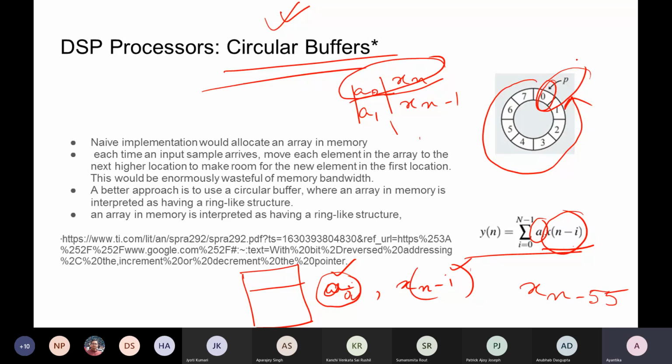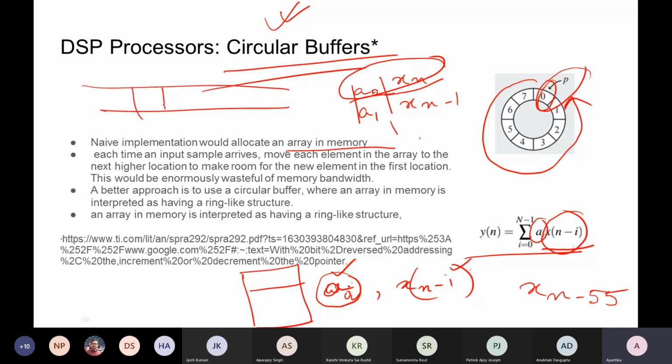So this is a very important concept, the circular buffer. We are reusing the memory space as the memory blocks are arranged in a circular way. Whereas in general implementation, we allocate memory as an array, in a linear manner, like this.